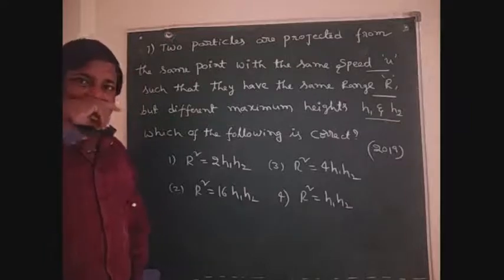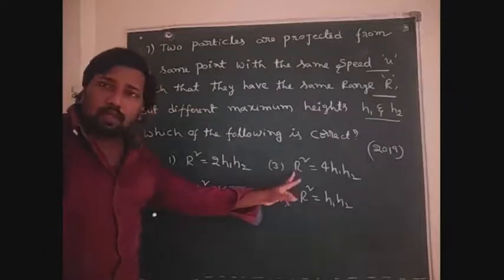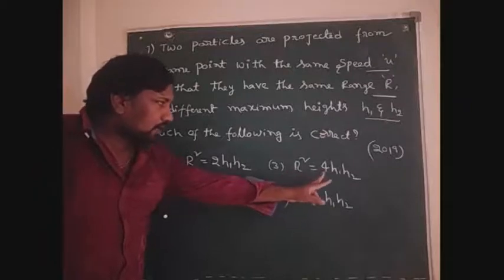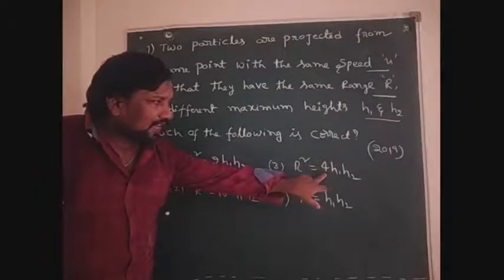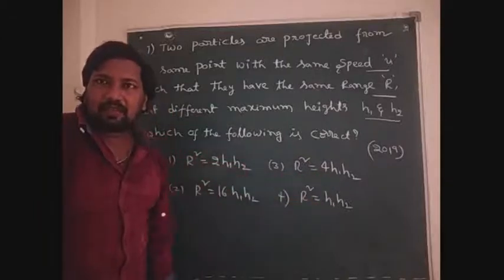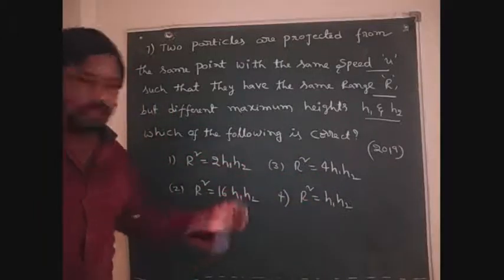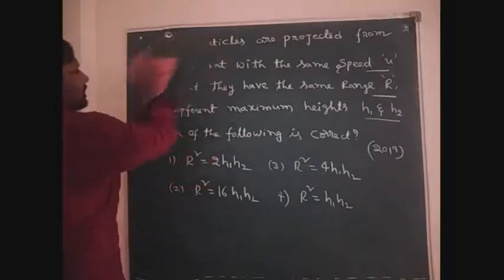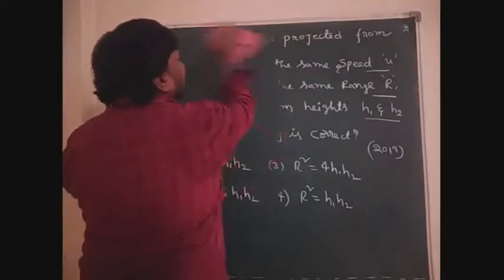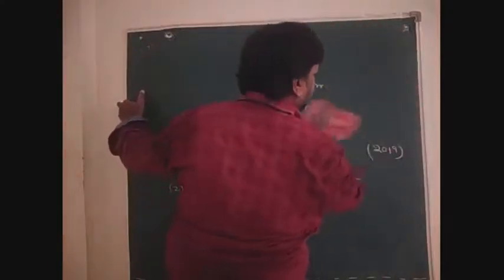So in this case we divide R square by H1 H2 and get the right-hand side part. In this case ranges are the same, so these angles are complementary angles.